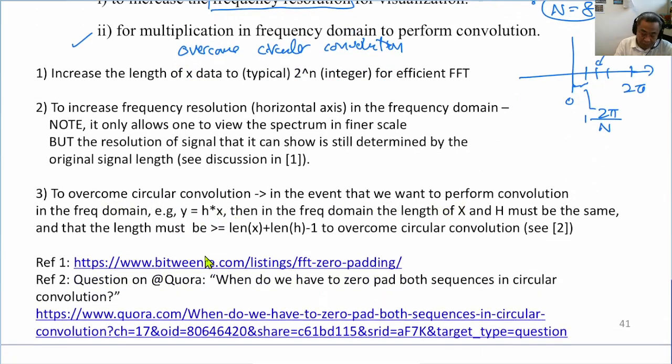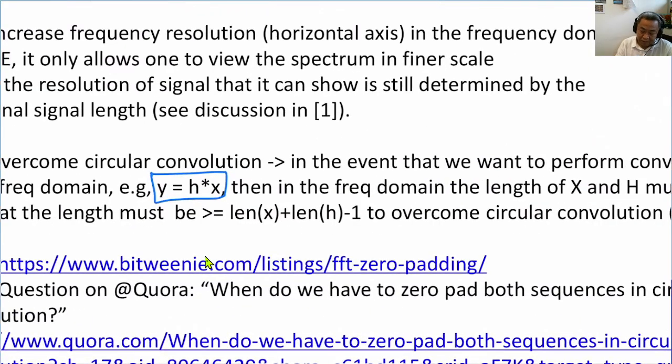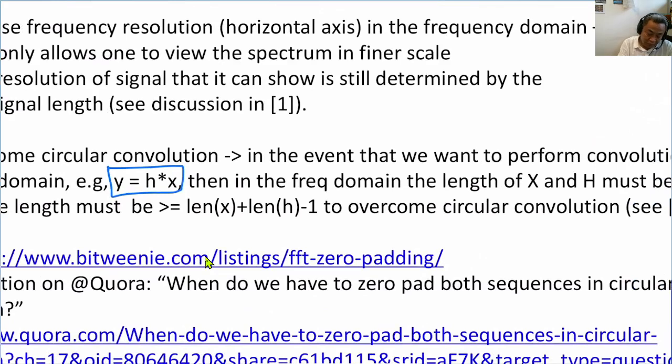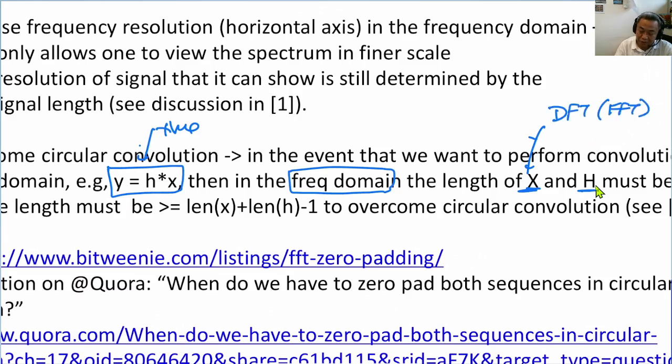Well, when we convolve h and x in the time domain, and when we are doing it in the frequency domain, we're actually multiplying the discrete time Fourier transform of x and the discrete time Fourier transform of h. But when we're doing it using DFT, or actually FFT, the fast implementation, then x and h are actually pseudo periodic sequences.